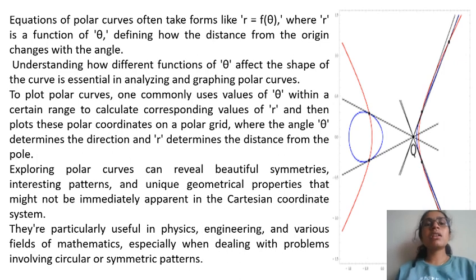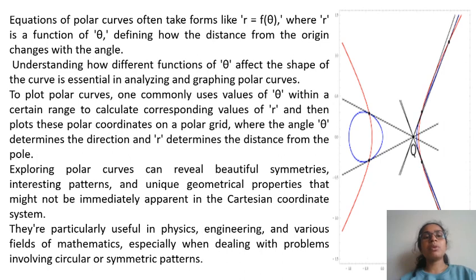Equations of polar curves often take forms like r equals f of theta, where r is a function of theta defining how the distance from the origin changes with the angle. Understanding how different functions of theta affect the shape of the curve is essential in analyzing and graphing polar curves.